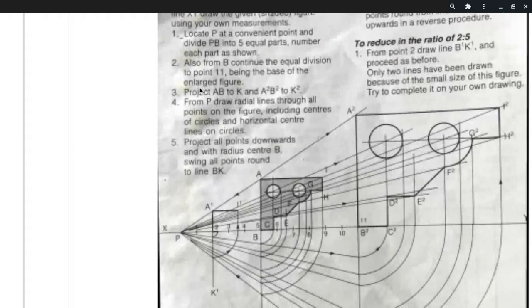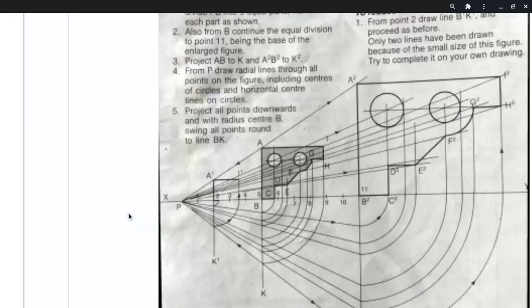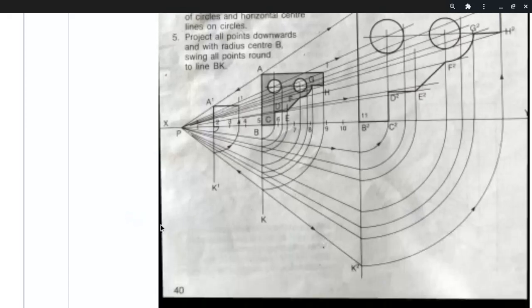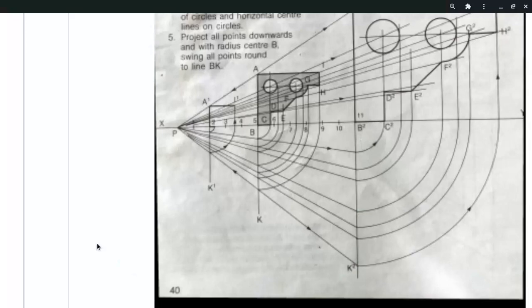So it says project AB to K and A prime, B prime to K prime. Let's look at where K is. All right, so project AB to K and A prime and B prime to K prime. Let's do that.